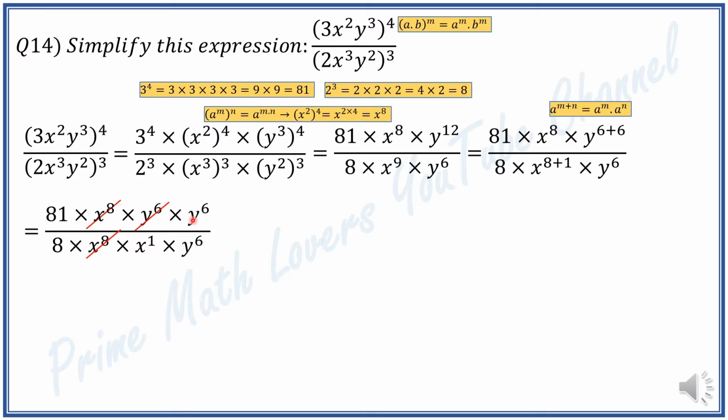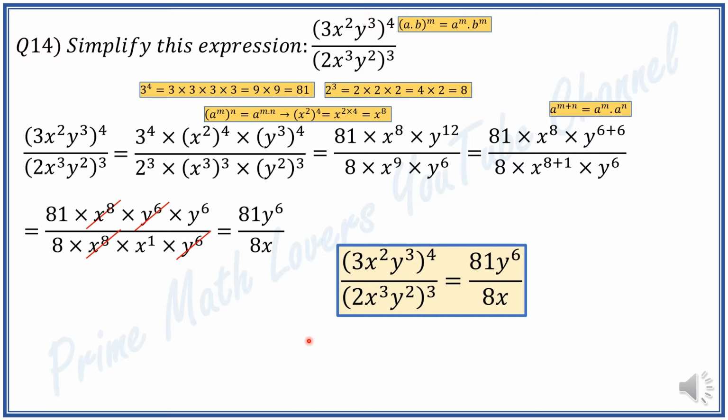And I can cancel y to the power of 6 with y to the power of 6 on the denominator. So the result will be 81 times y to the power of 6 over 8x. So our expression is equal to 81 y to the power of 6 over 8x.